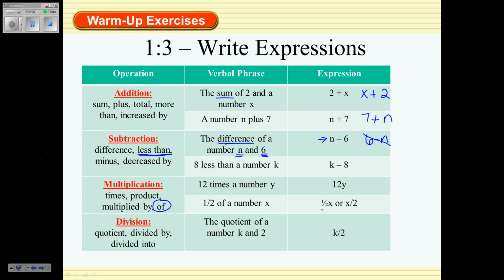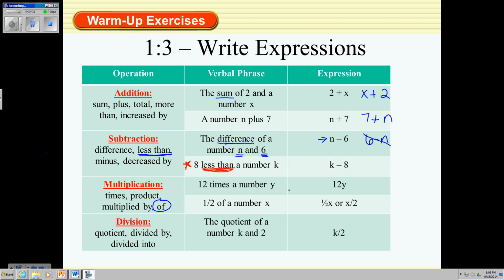Okay? All right, now the reason that we underline less than, and I want you to underline it here as well, underline less than, it is the one that is different. Okay? All right, so the less than is a little bit different because of this right here. So hopefully you've underlined it and starred it, because this is the one you're going to have to remember. This is the only one that's different. When it says 8 less than a number k, it's the one time where you swap around.